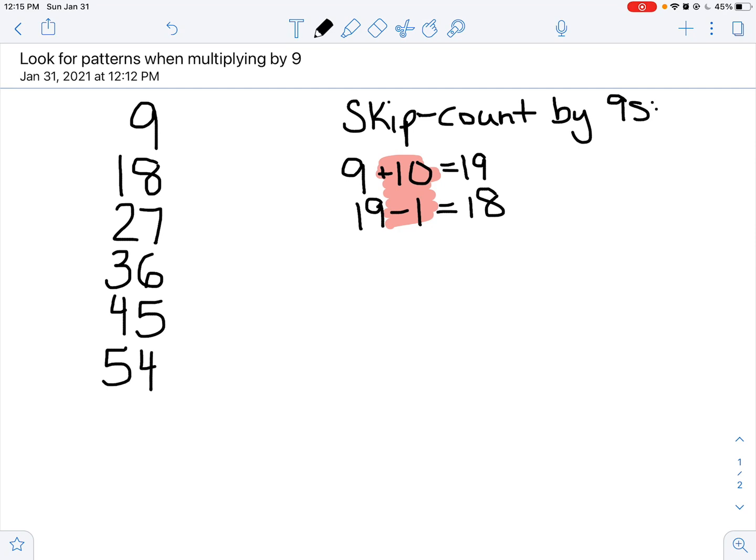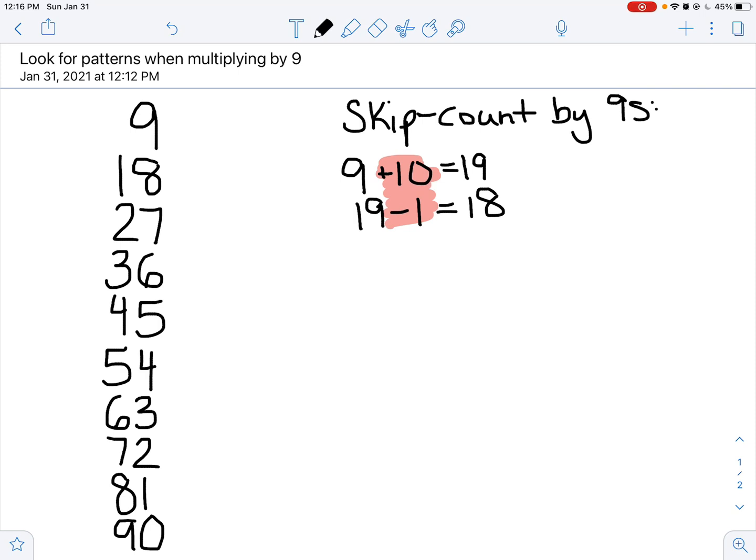Take away 1, 54. Add a 10, 64. Take away 1, 63. Add a 10, 73. Take away 1, 72. Add a 10, 82. Take away 1, 81. Add a 10, 91. Take away 1, 90.